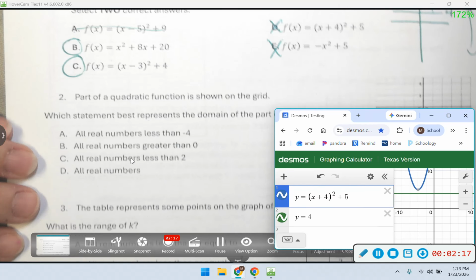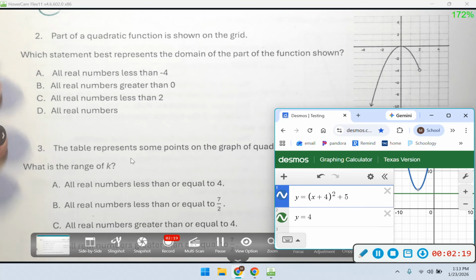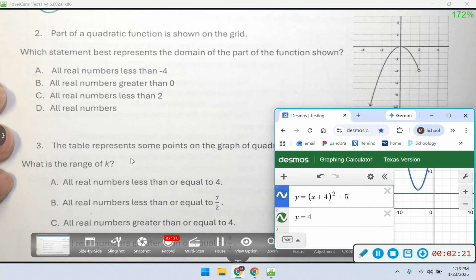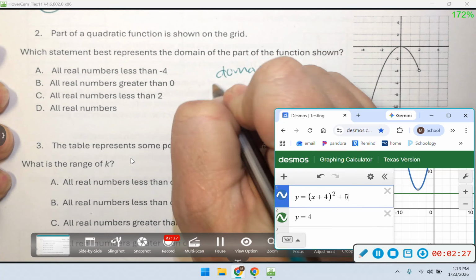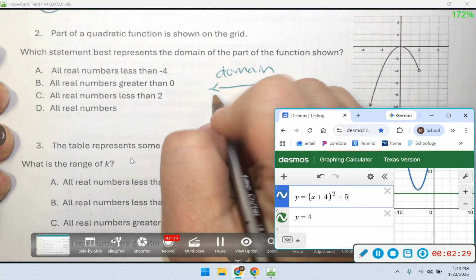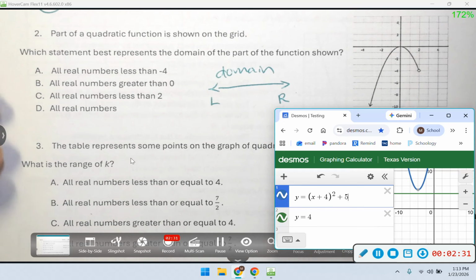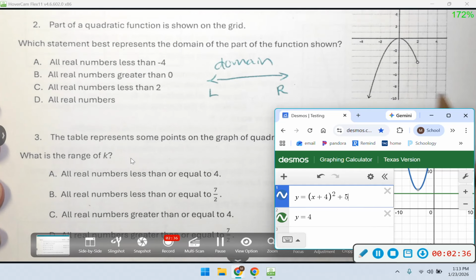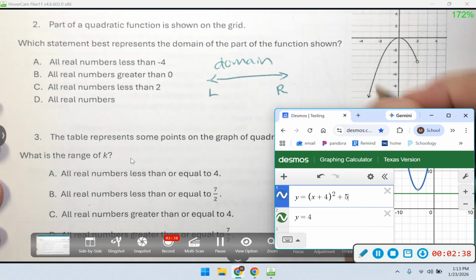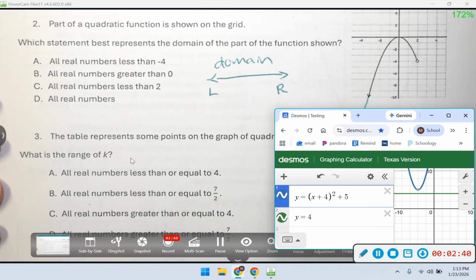Okay, our next problem says part of the quadratic function is shown on the grid. Which statement best represents the domain? So we know domain is side to side, left to right. I have to ask myself, what's the farthest left this graph goes? Technically, this graph goes left forever, because if I continue this, it's going to keep getting wider and wider.